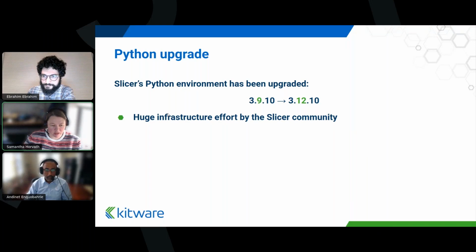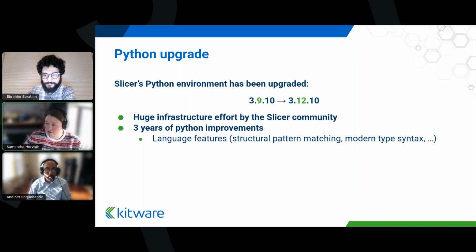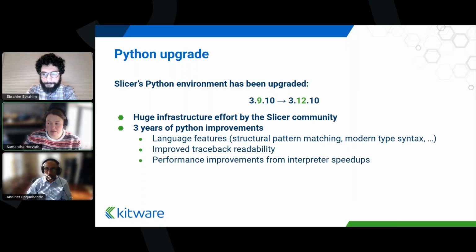This has been a significant infrastructure effort by the community, and encapsulates 3 years of Python improvements. And by going through the 3.10 version, some massive changes in how the Python environment is built and managed. So that's new language features, improved traceback readability, performance improvements, and most critically, access to modern packages.